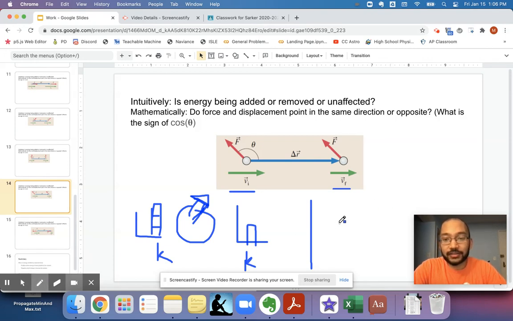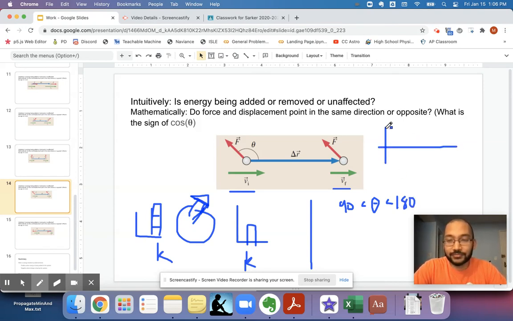And then mathematically, when theta is between 90 and 180, cosine of theta is going to come out to a negative number. Just look at the graph of cosine: this is from 0 to 90, this is from 90 to 180, 180 to 270, 270 to 0. So this is the graph of cosine.